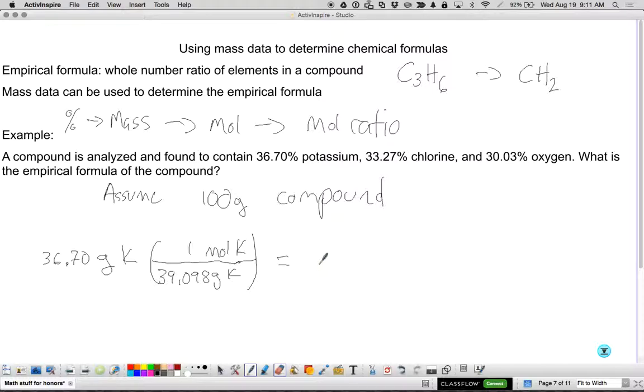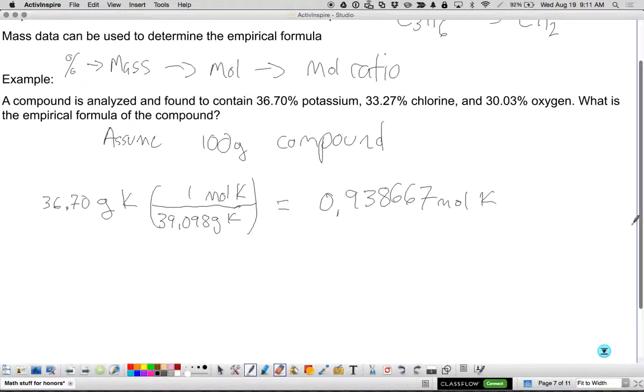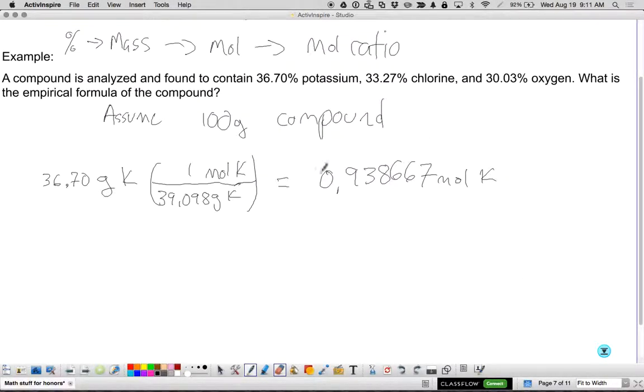And when I multiply that, I get 0.938667 moles potassium. I'm not going to round at this point because I have more to do, and I'm going to use these mole values. The more decimals you take, the more sensible your answers will be. Okay?